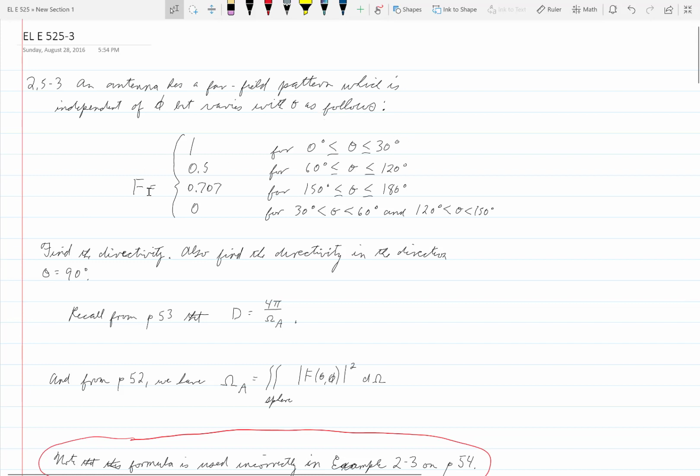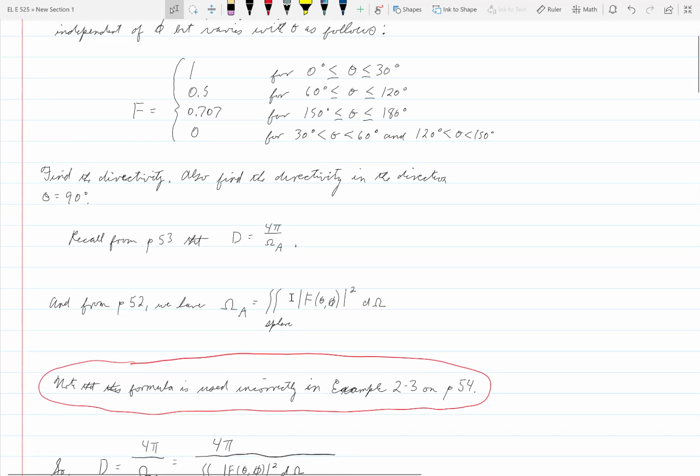And you can see here that f is given as a function of theta, and it has different values for different ranges of theta. And we're asked to find the directivity and also the directivity in the direction theta equals 90 degrees.